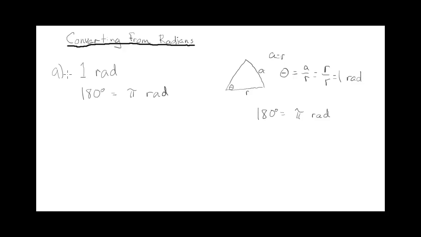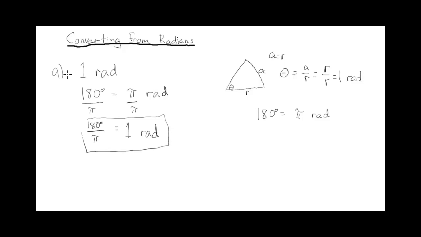If I want 1 radian, what do I have to do to this equation? Well, I just divide both sides by pi. So 1 radian is equal to 180 degrees divided by pi, which is the answer.